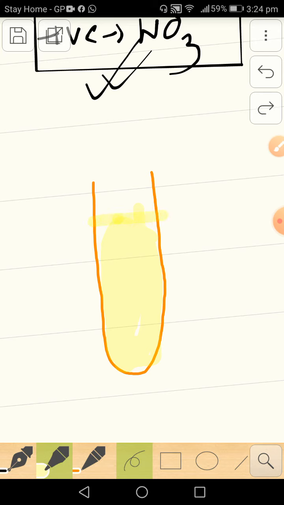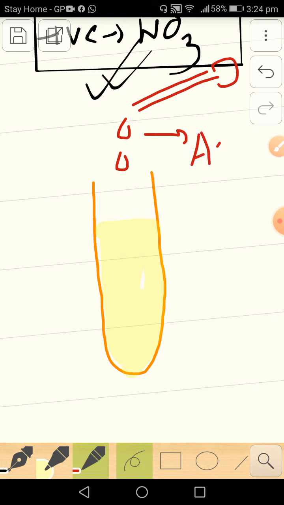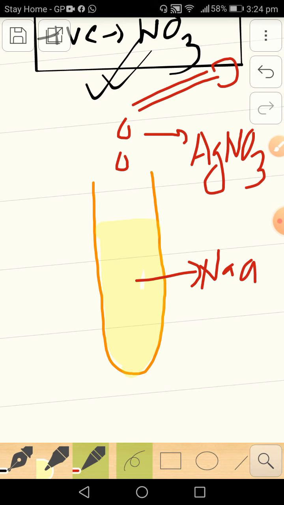Inside the sodium chloride we will add silver nitrate dropwise from a dropper, into the solution containing sodium chloride.